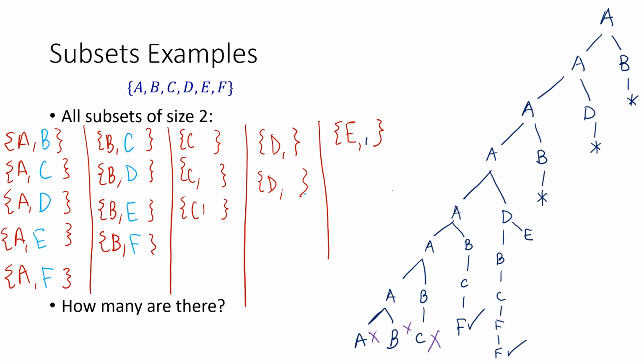And similarly for C, it doesn't need to be paired up with A or B, so I have CD, CE, and CF. And D is going to get paired up with E and F, and the only thing that's remaining now is EF. And if you count up here, I'll have 5 plus 4 plus 3 plus 2 plus 1.